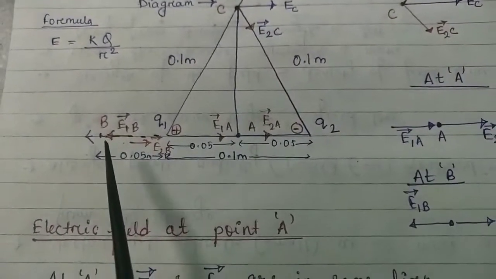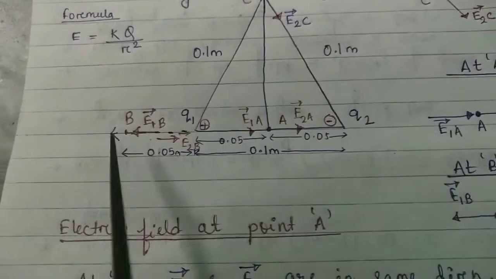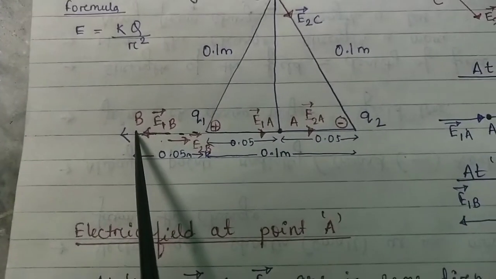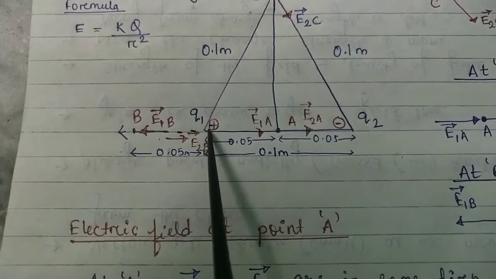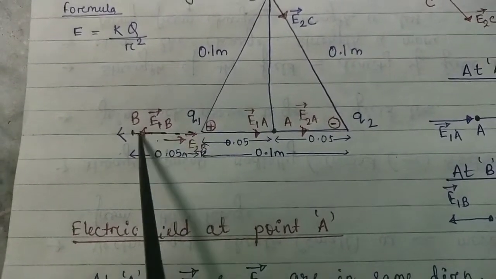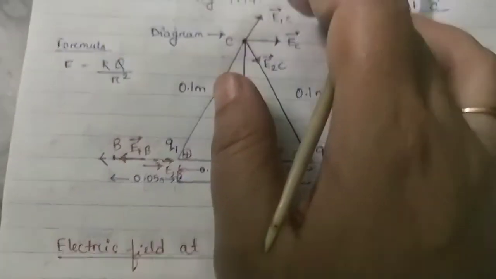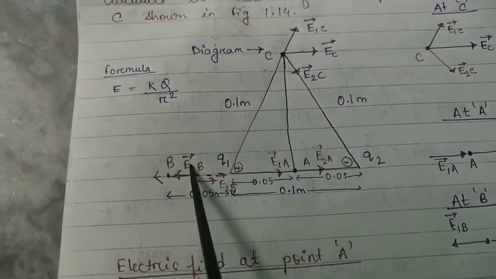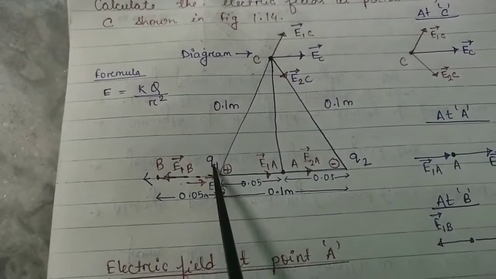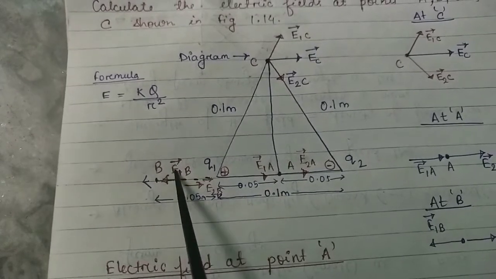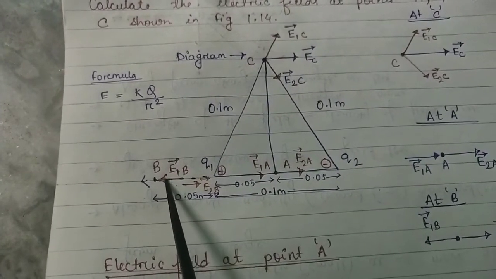Okay. Next, go to the third point, that is point B. See the point B. So at point B, this is a positive charge radially outwards like this. So electric field of 1 at B, E1B is towards left side.